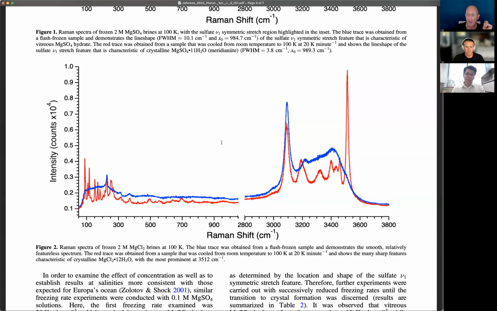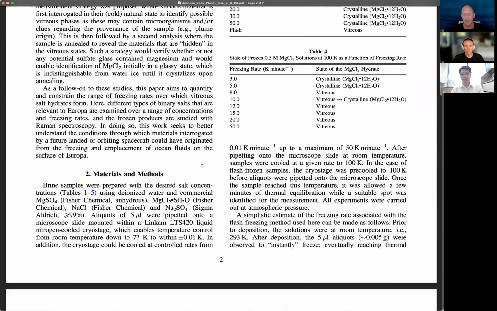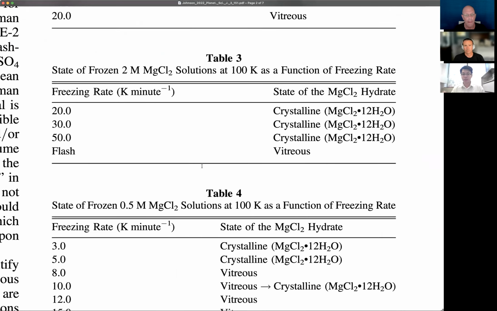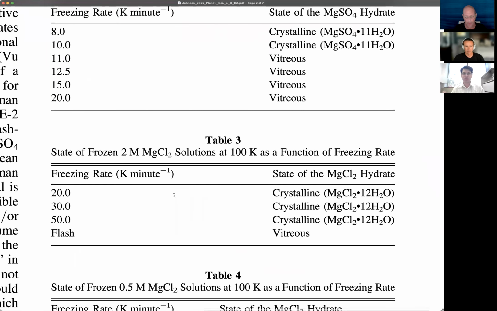So similarly, table 3 shows you the freezing rates that we went through for the 2 molar magnesium chloride. In this case, the only time we manage to see the glass formation is when we flash freeze.